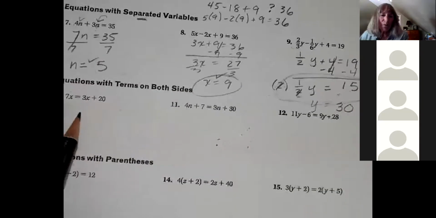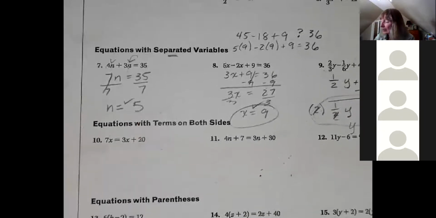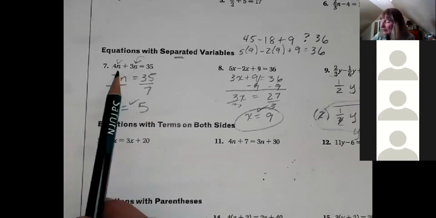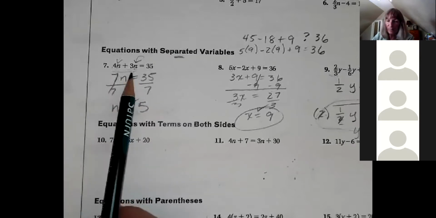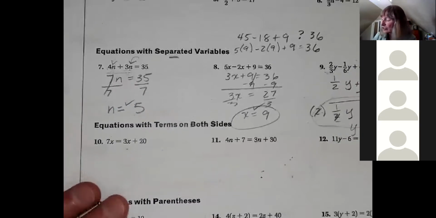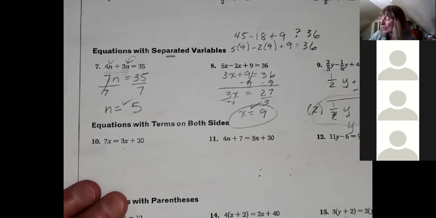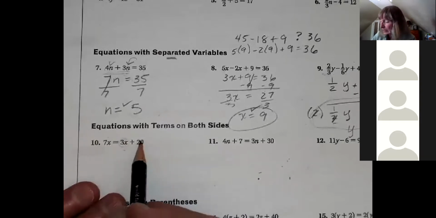Okay, this next row has terms with the variable on both sides. So up here, these terms are on the same side of the equation. You just add them up. But over here, when they're on opposite sides of the equation, you're going to have to treat this as something that you wish wasn't over here.